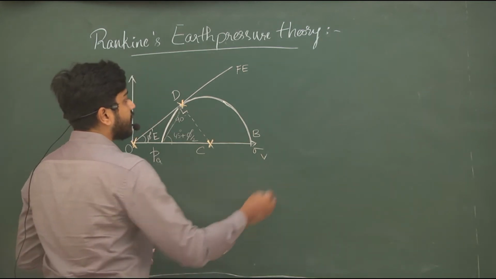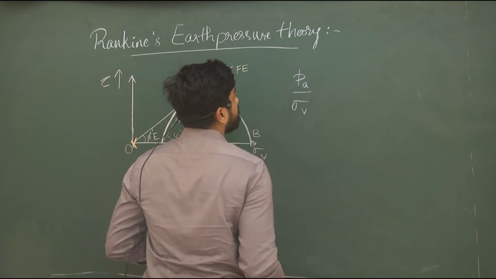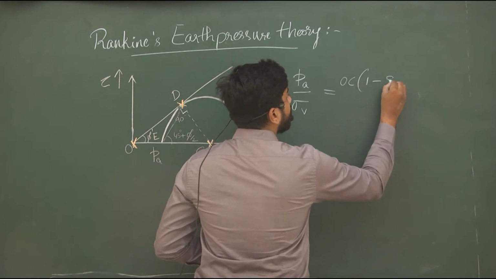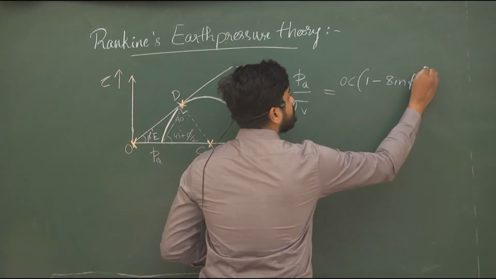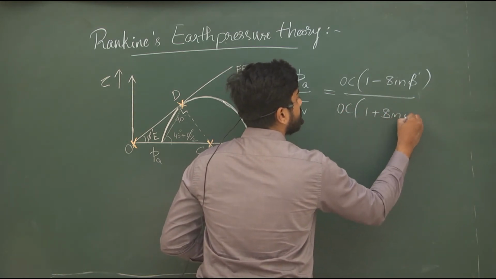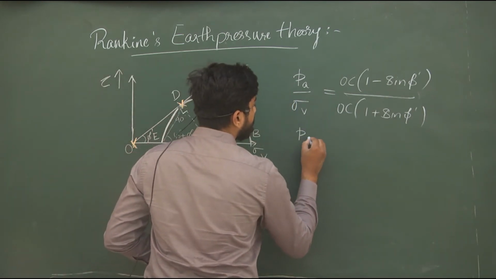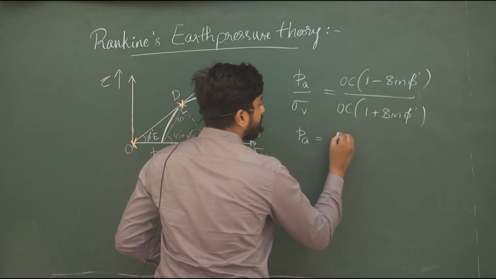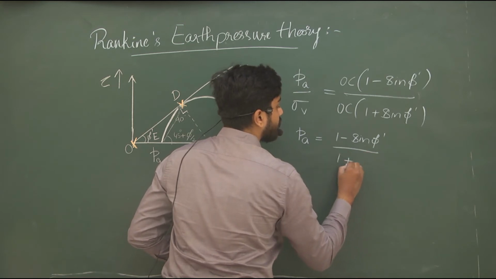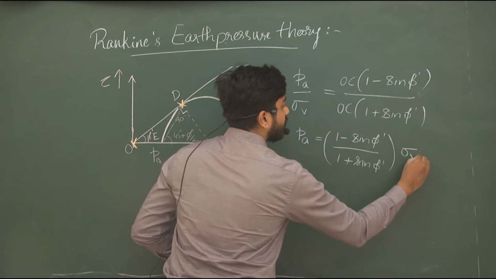So let us divide PA by sigma v. So it can be simplified as OC into 1 minus sin phi dash by OC into 1 plus sin phi dash. On further simplification, if I write in terms of PA, it will be 1 minus sin phi dash by 1 plus sin phi dash multiplied by sigma v.